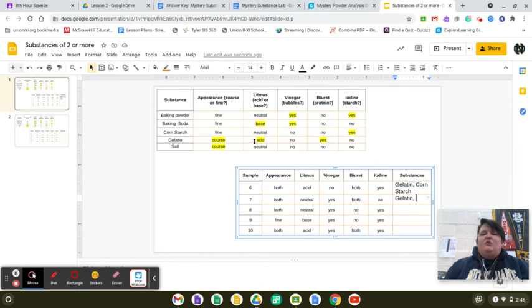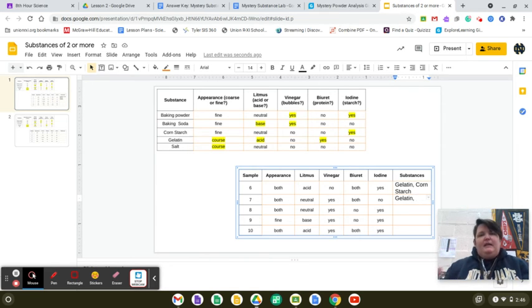And you can't have this acid in here and it turn out neutral. Acid will always beat out neutral. Base will always beat out neutral. So if it's neutral here, that means you've got to have something else acting against that acid to make it go to neutral.